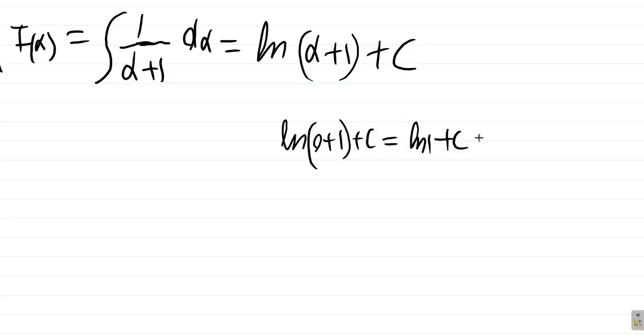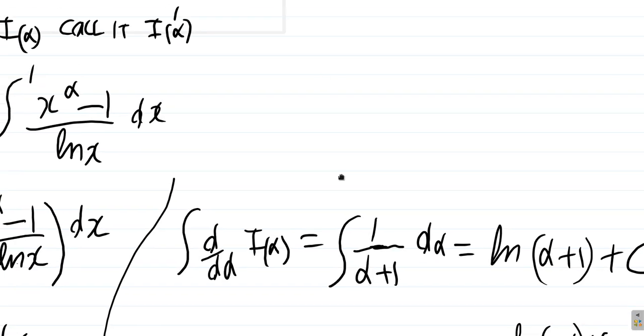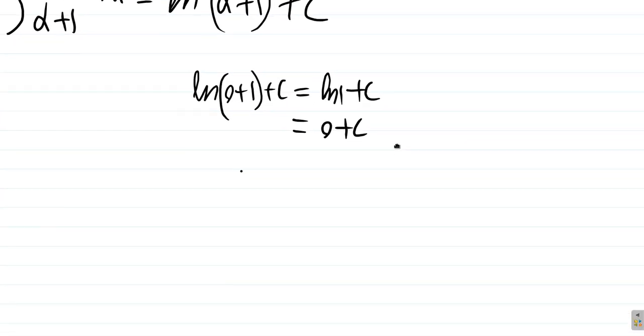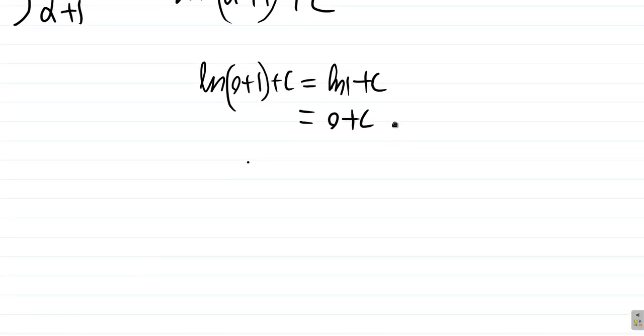What is ln 1? If you use your calculator to find the natural logarithm of 1, you get 0. So it's 0 plus c. And the question said that I of 0 is 0. So the integral when alpha is 0 is 0. So 0 plus c is 0. So therefore c must be 0. Alright? See that?